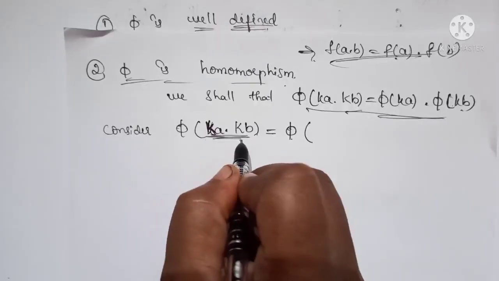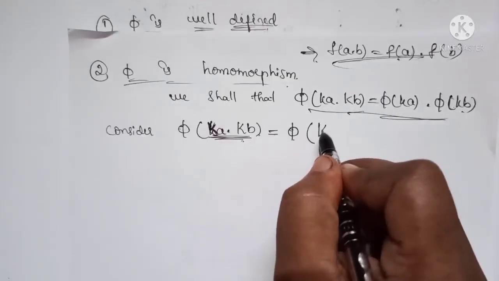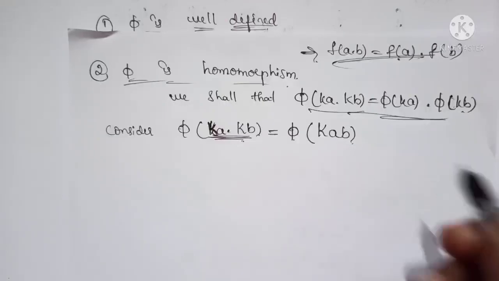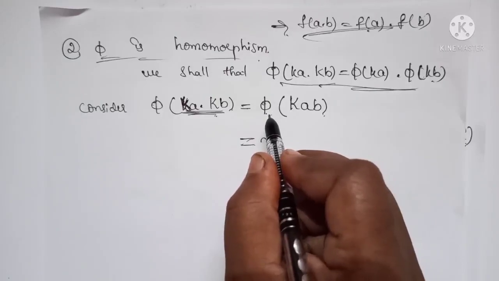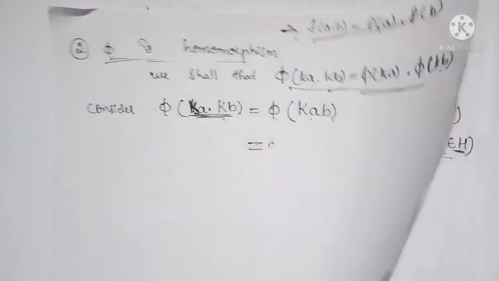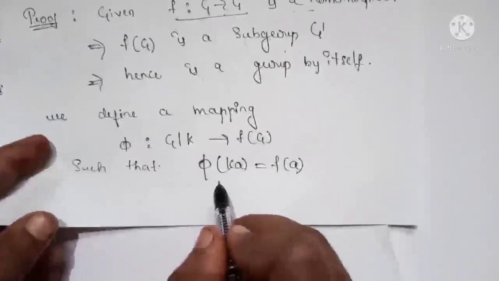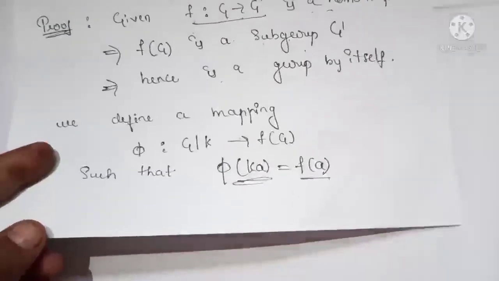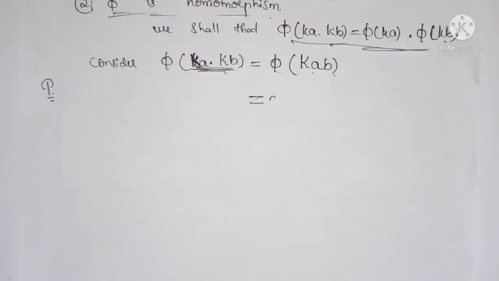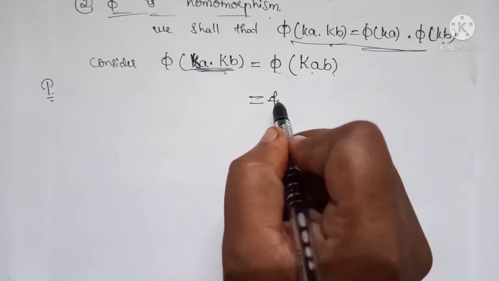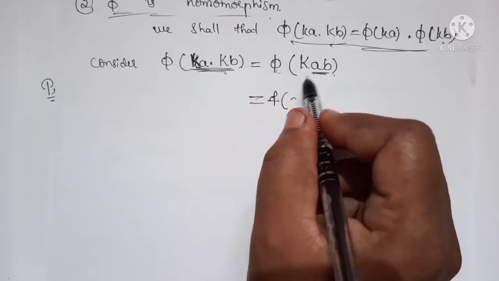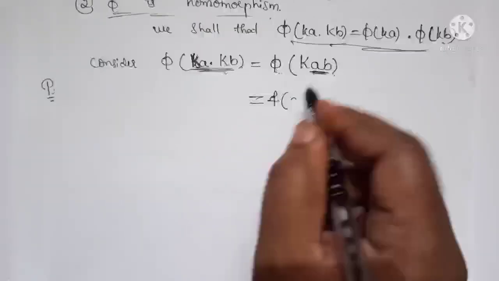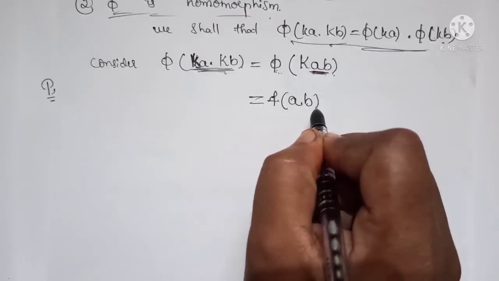This is the product of two cosets, therefore it can be written as phi of K A B. In the starting we defined the mapping phi of Ka equals f of A. Since phi of any element equals f of this element, we can write it as f of A B.